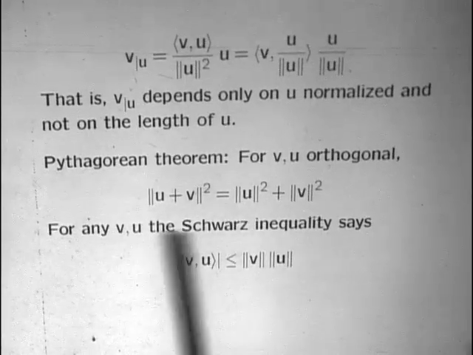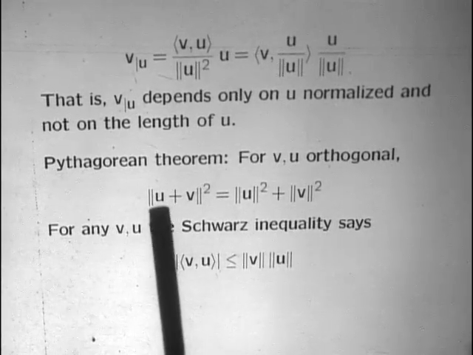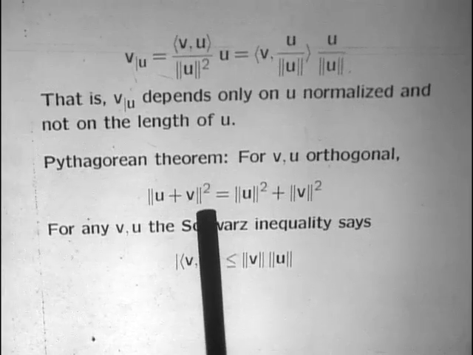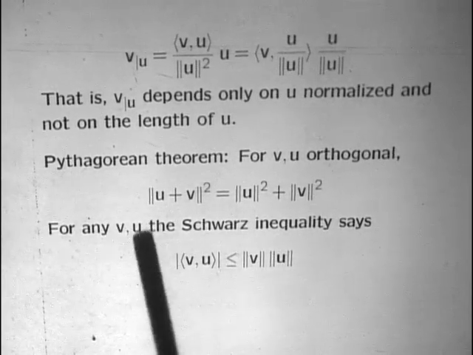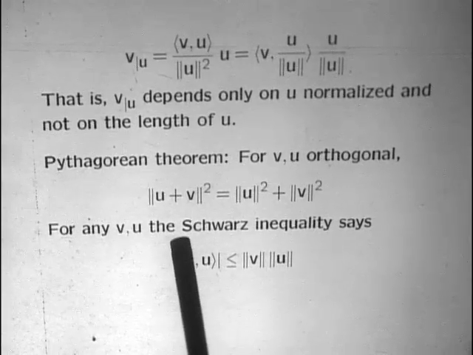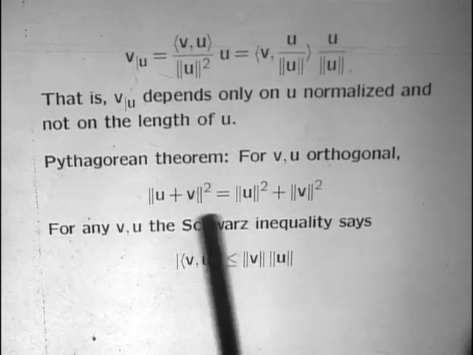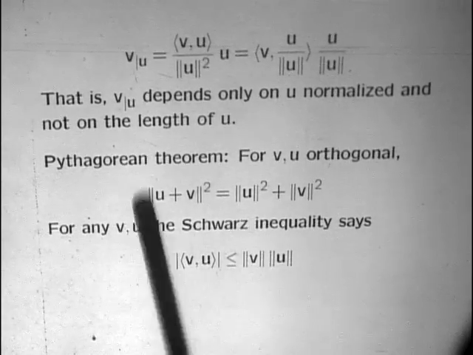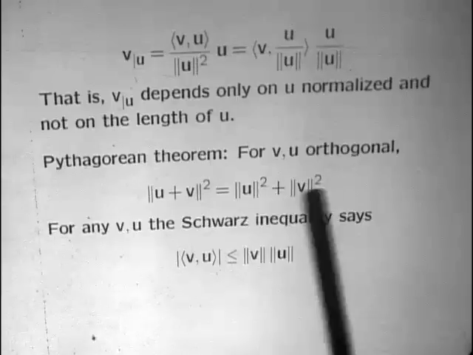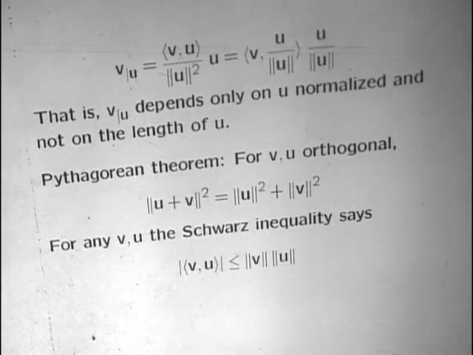And the argument is you just break this up into the norm squared of U plus the norm squared of V plus the two cross terms, the inner product of U with V, which is 0, and the inner product of V with U, which is 0. So the two cross terms go away, and you're left with just this.